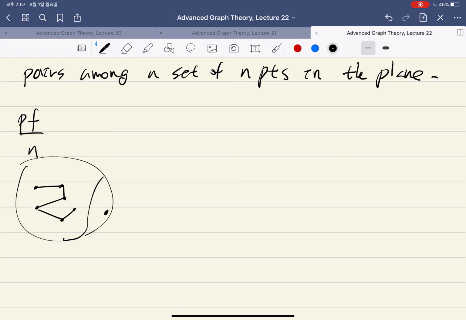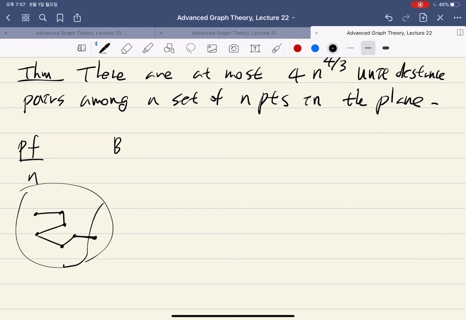But if there is some point which is not paired up with anything, then we can move it in some direction until it becomes distance exactly 1 to some point, and then we can add to the number of distances.